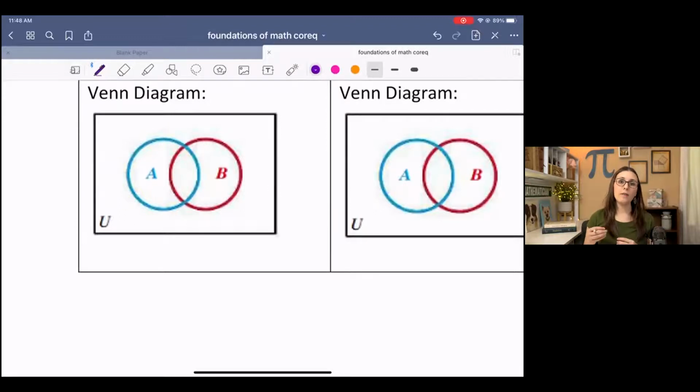So the only place that there's overlap is here, this overlap in the center, that is intersection. So where A intersects B is there in the middle, where they have the same elements.